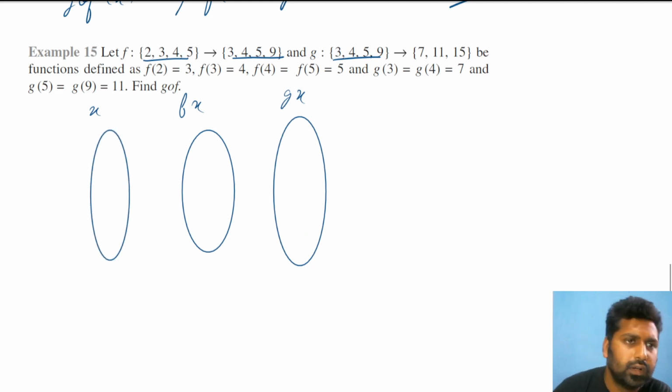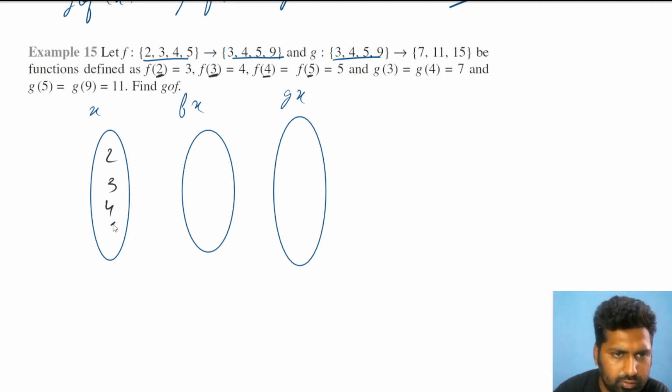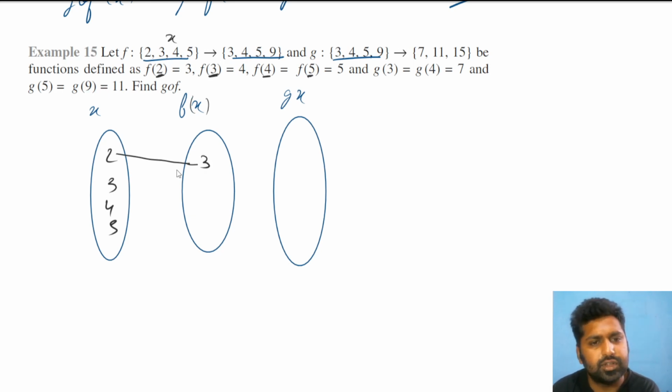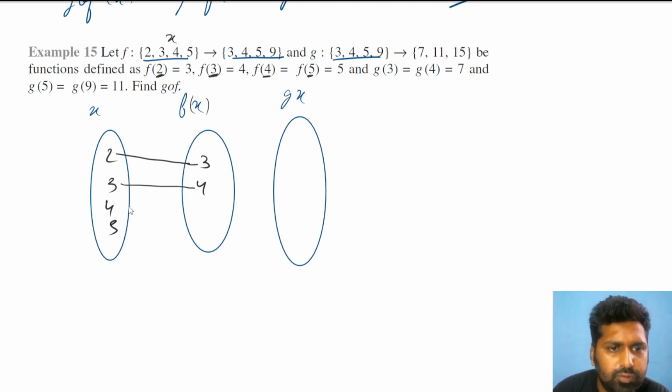All right, so the x values are 2, 3, 4, 5. Then that generates some f(x). f of 2 is 3, meaning 2 is put inside the function and it generates 3. 3 generates 4. 4 and 5 both generate 5.